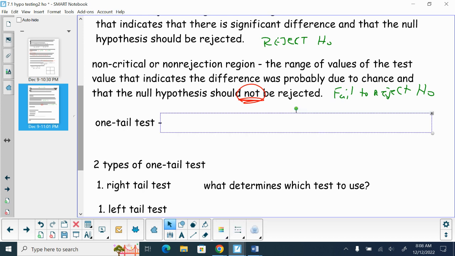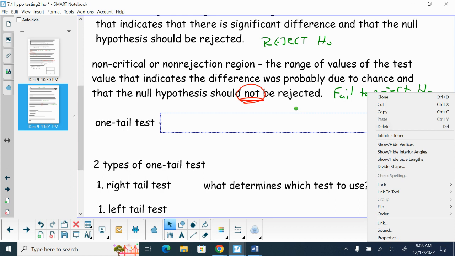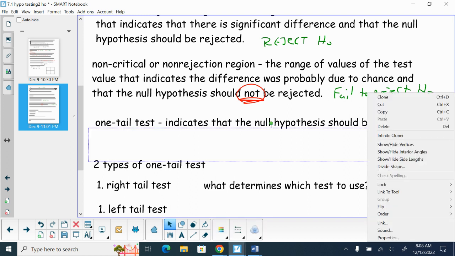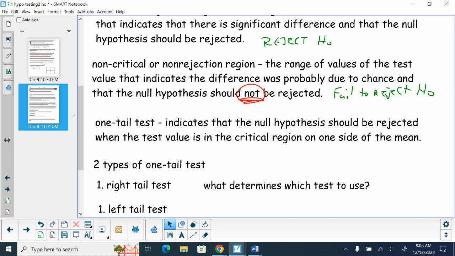Okay, we have two types of tests. You have a one-tailed test. It indicates the null hypothesis should be rejected when the test value is in the critical region on one side of the mean.